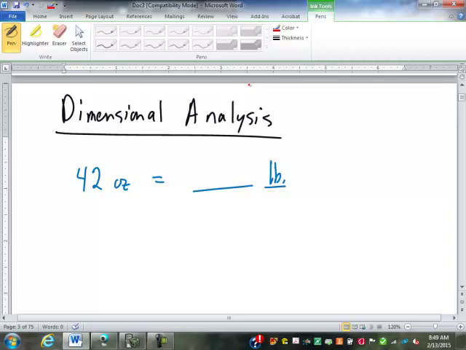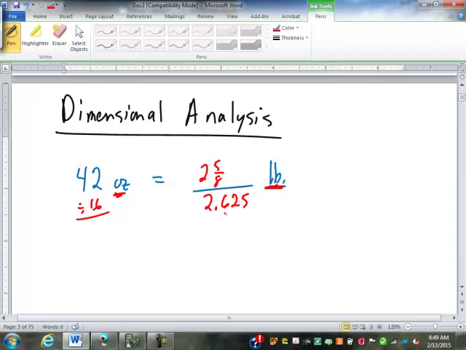The question is, do we multiply or divide? Well, going from ounces to pounds, the units are getting larger. The amount of material we have is not going to change. So if it's going to be a larger unit, the number must get smaller, right? To make it smaller, we would be dividing by 16. So 42 divided by 16 should be 2 5/8 pounds, or 2.625 pounds.